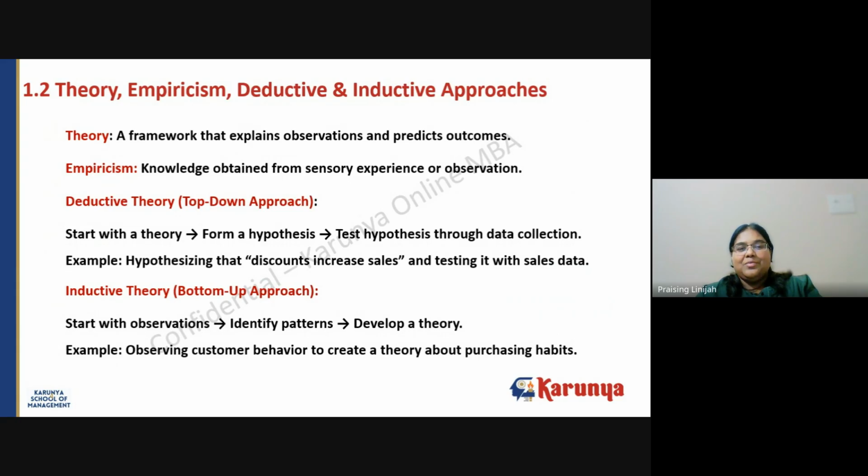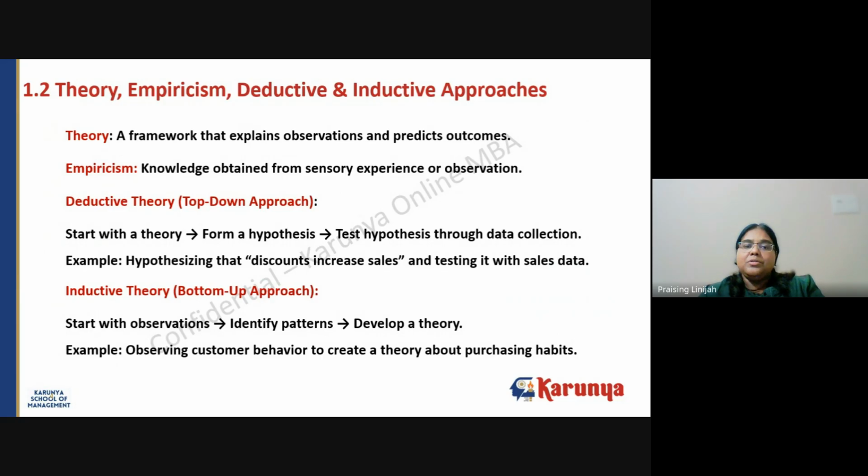It's something which is already a foundational concept, I would say. Theory can also lead to empiricism, learning from real world observation. For example, a retailer counting footfalls before a sale. This is only through observation, right?